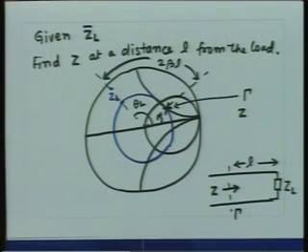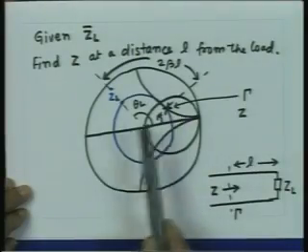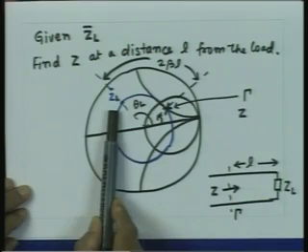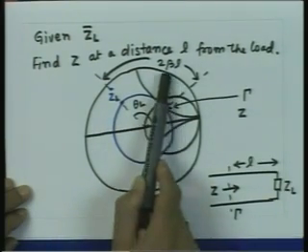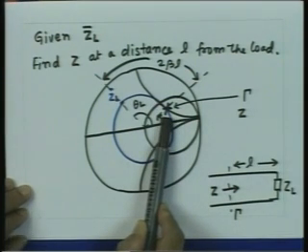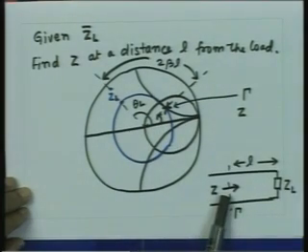Analytically, if you remember, the impedance transformation requires calculation of cosine and sine functions, and the expression is rather complicated. With the help of the Smith chart, the impedance transformation is very simple. You simply draw this constant VSWR circle passing through the load point, move by an angle equal to 2 beta L, and read off the value of this new point, which gives you the transformed impedance at a distance L.